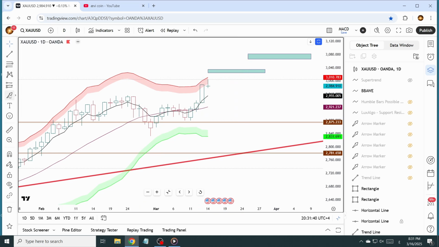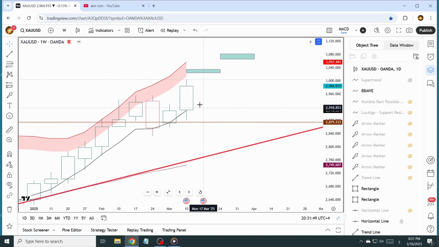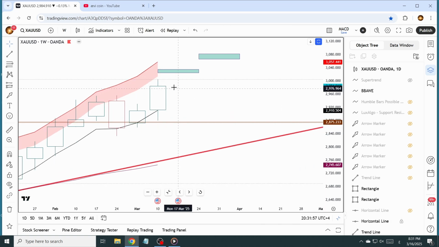Now, one more point. If we go to the weekly, we will see that these two candles got the support from the 5 EMA, and there is room for the price to go further up to these two points.